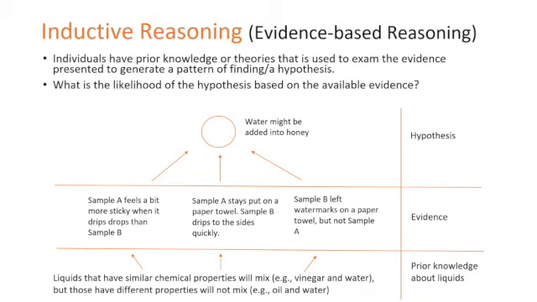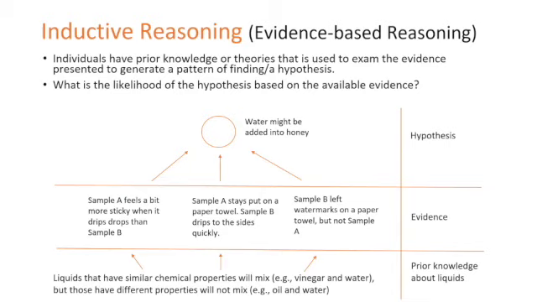In the inductive reasoning, which also is called evidence-based reasoning, you have some information to help you answer the question or solve the problem. In my case, I know something was added into the honey, but what? I know from my science class, which I took a long time ago, that if liquids have similar chemical property, they will mix, such as vinegar and water.